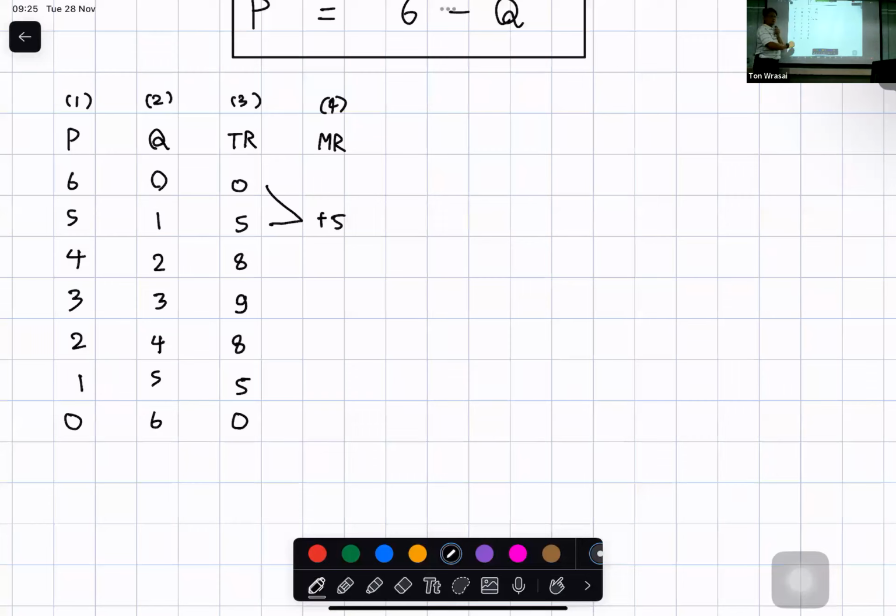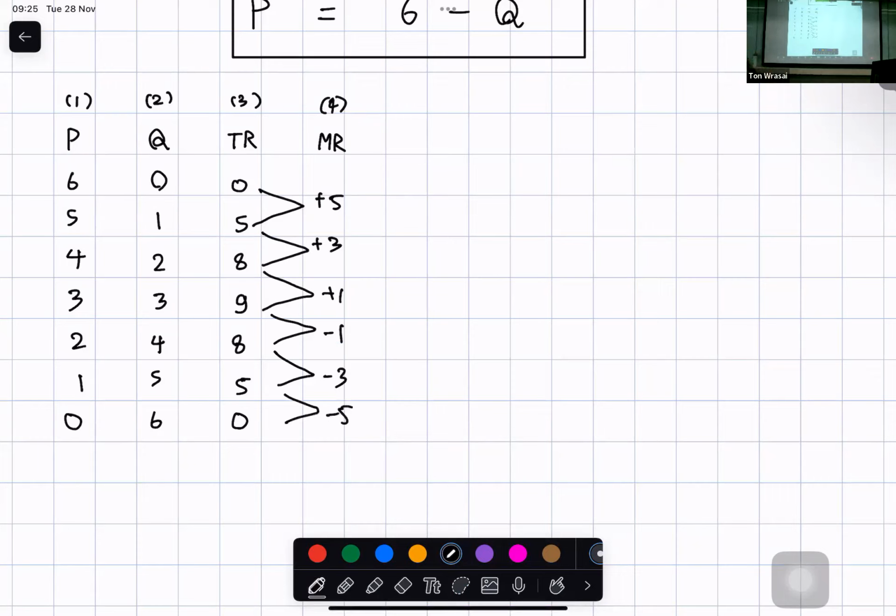If he sells one more, we can check, +3, +1, -1, -3, -5. That's MR.